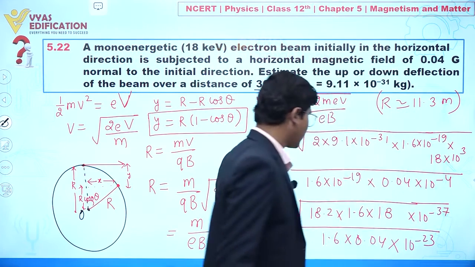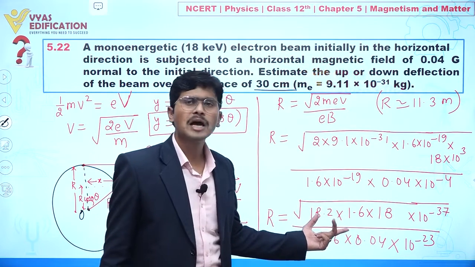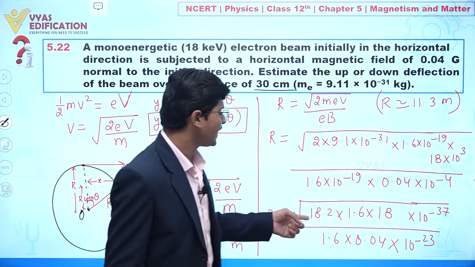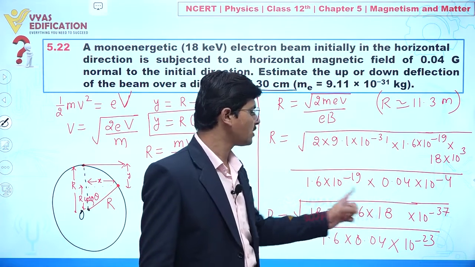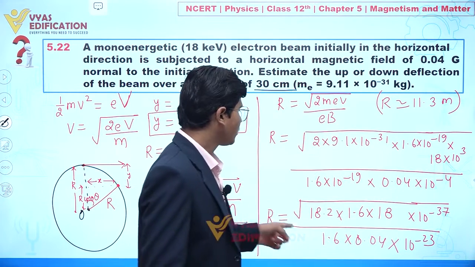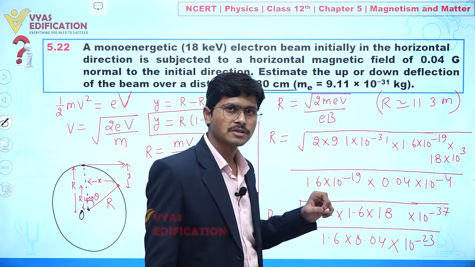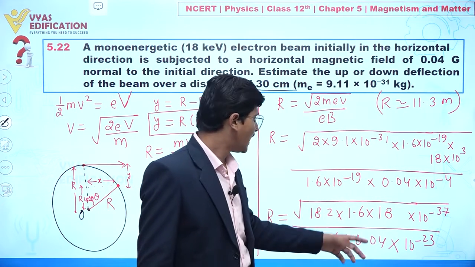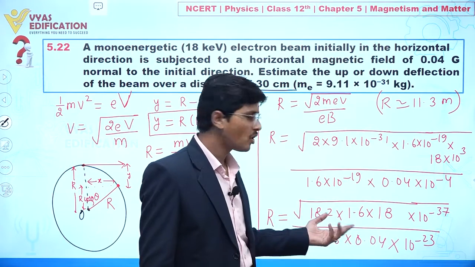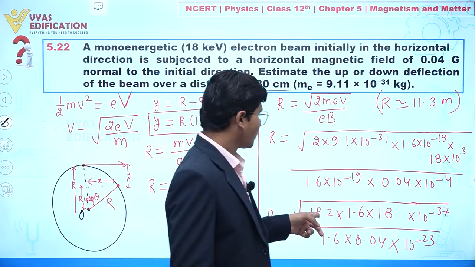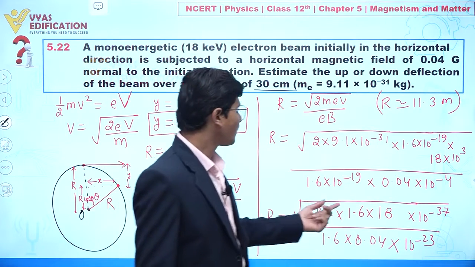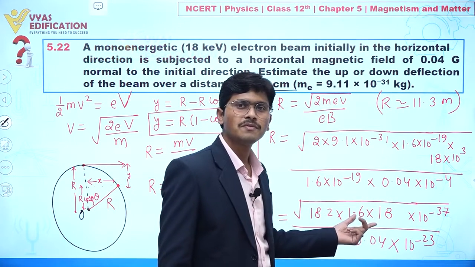Now you can calculate like this. This is approximately 18, and this is 16. If you multiply 18 with 18, that is 324, and 324 multiply 1.6. Then take the square root: 324 becomes 18, and 1.6 becomes 0.4.